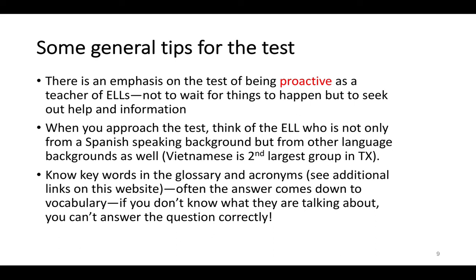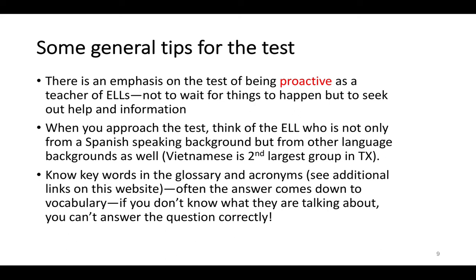The second bullet, when you are approaching the test, think about the English learner who is from a variety of language backgrounds. In the United States, we have a lot of languages represented in our schools. In Texas, we have over 120 languages represented in our public school system.